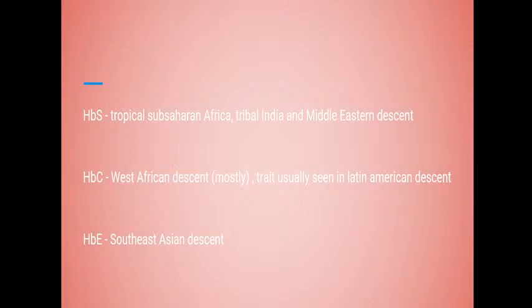Usually, you can have a clue of what particular hemoglobin variant it is based on the patient's clinical presentation and his nationality or descent, where he came from.